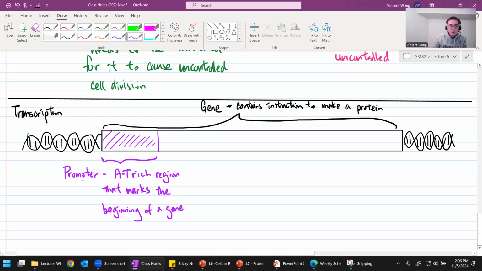A's and T's, as you know, have only 2 hydrogen bonds compared to G and C, so it's easier to separate. So the promoter is AT-rich so that you can separate the DNA strands easily there.